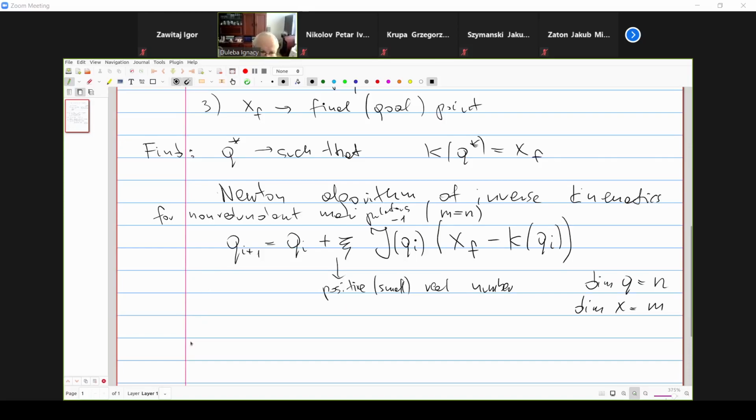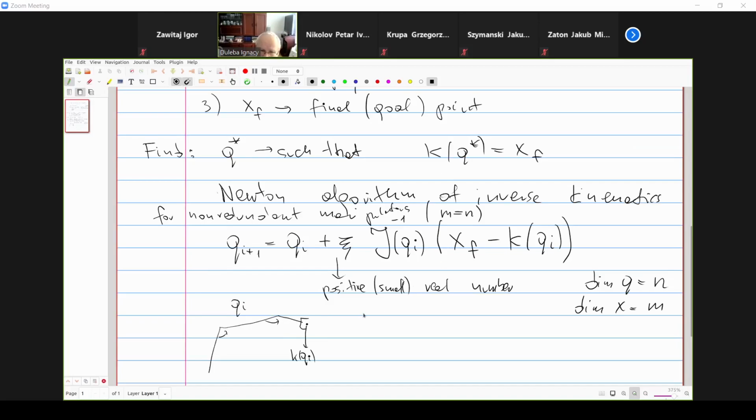So let's draw a small picture once again. We have a manipulator. The manipulator is at the current configuration, and we have here a point. The point here is K of Q_i. So according to the angles at joints and the length of links, we can calculate this point.